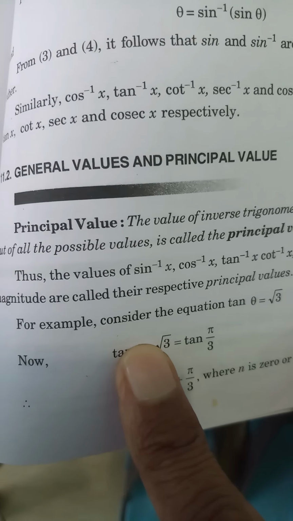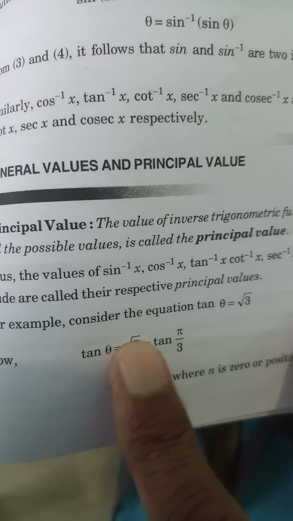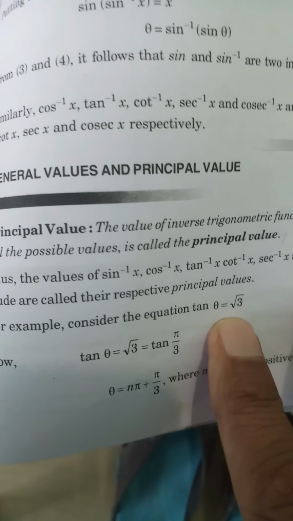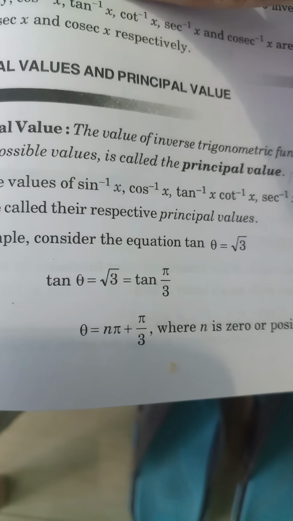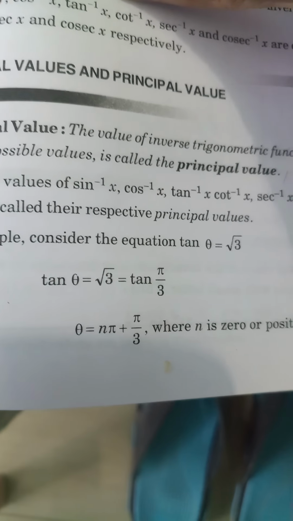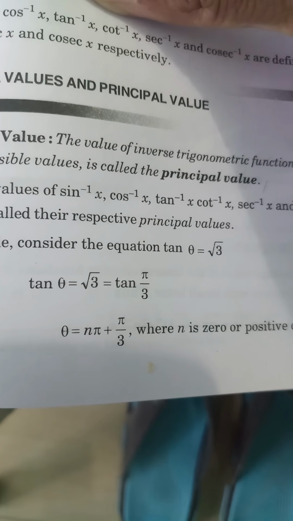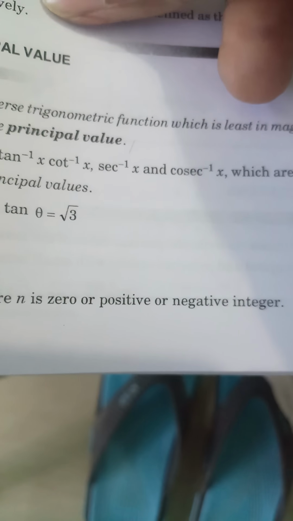For example, consider the equation tan theta equal to under root 3. Under root 3 is the value of tangent pi by 3. Therefore theta equal to n pi plus pi by 3, because we can add n pi as the period of tangent theta is pi, where n is 0 or a positive or negative integer.